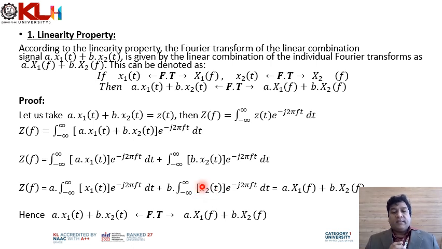Therefore, this second integral will be X2 of f, that is multiplied by b. Henceforth, we get the final answer. The Fourier transform of this composite signal or linear combination signal a x1(t) plus b x2(t) is simply another linear combination of individual Fourier transforms, a X1(f) plus b X2(f).